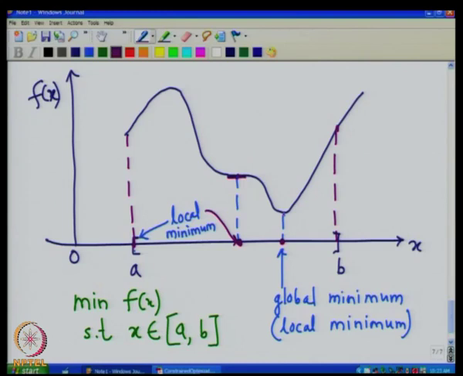Now, this point is also a global minimum with respect to the constraint set A B. Now, if you look at these 2 points, here the function value locally does not decrease, but does not increase either, it remains constant. So, this is a weak local minimum.